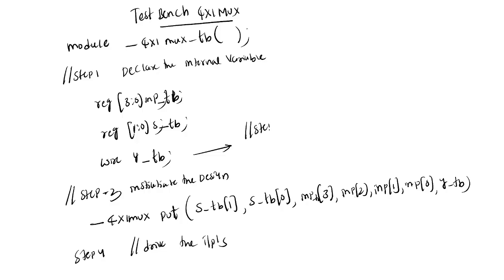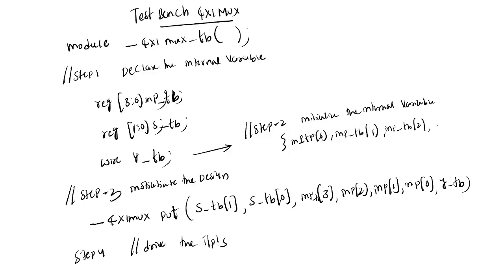So inp underscore tb[0], inp underscore tb[1], inp underscore tb[2], inp underscore tb[3], and s underscore tb, that is equal to 0, using the concatenation operator I am initializing to 0.